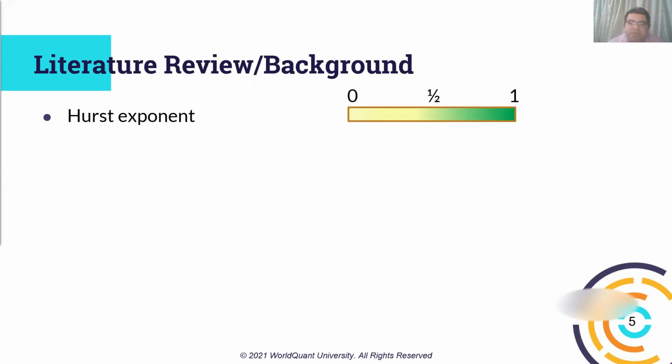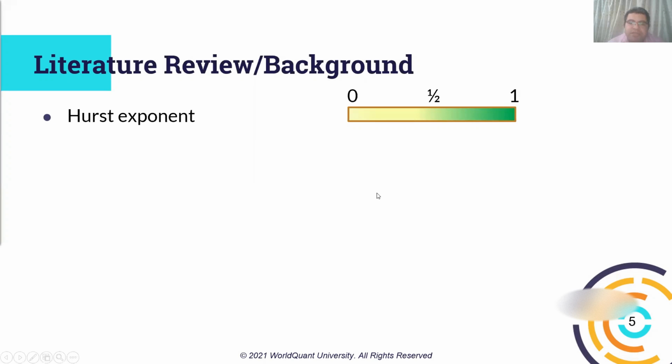The value of the Hurst exponent is always between 0 and 1. If it is a half, it represents no correlation. If it is between 0 and a half, the series behaves in a mean-reverting fashion. If it is between a half and 1, it implies long-term positive correlation.